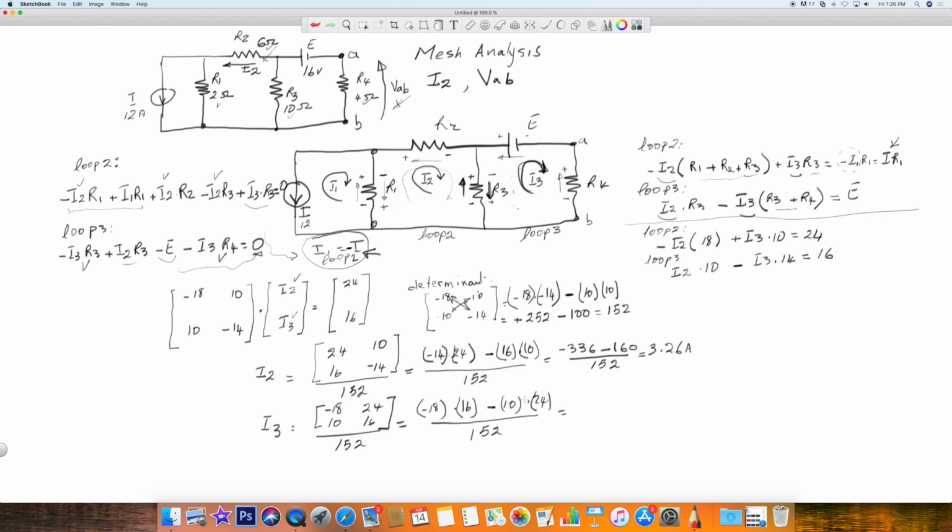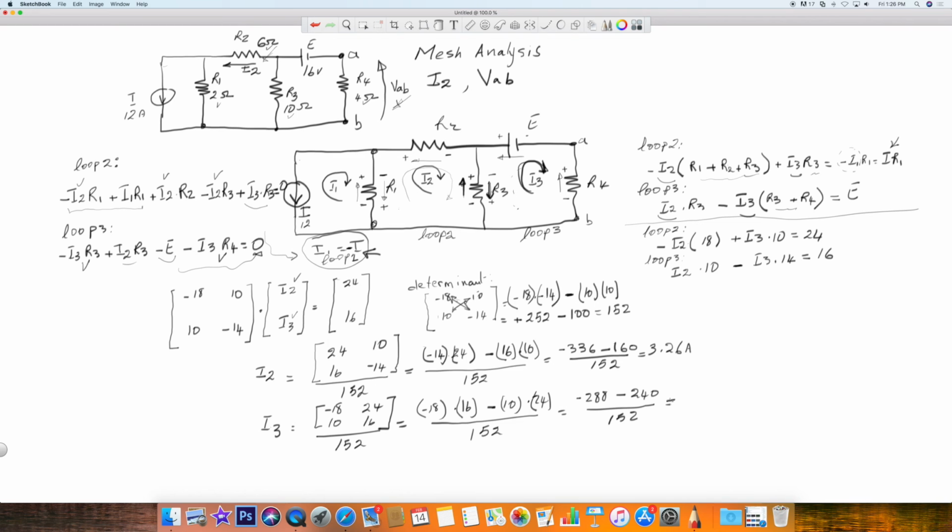So 18 times 16, that's minus 288, minus 240, divided by 152.